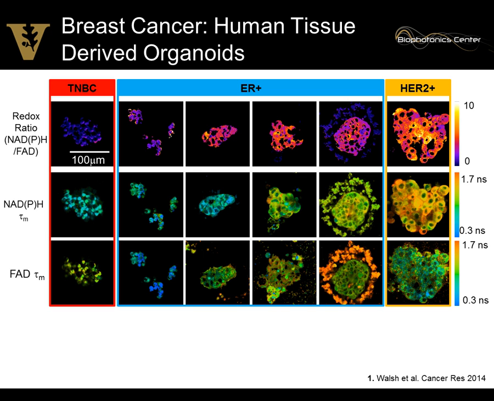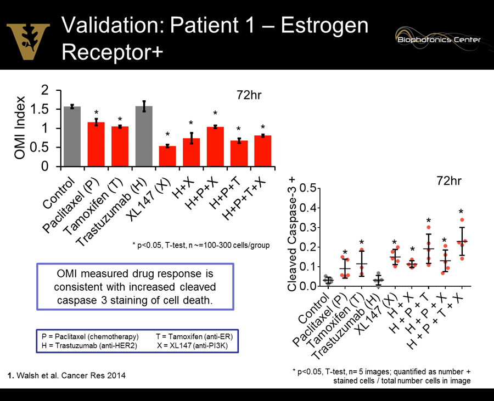I have a collaborator who gets the same patients that I do, and she can only grow tumors in these patient-derived xenografts from a subset of these triple-negative patients who have aggressive tumors. So this is advantageous. If we just look at our first patient, this was an estrogen receptor positive patient. So they don't have a HER2 positive tumor, so they would not respond to trastuzumab.